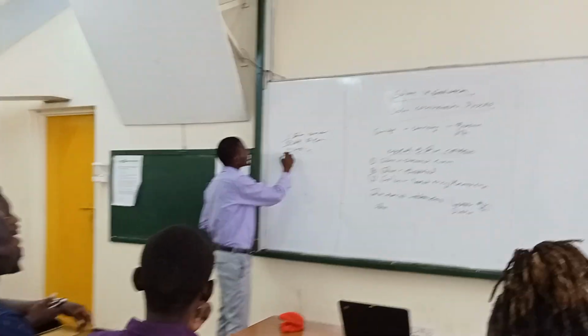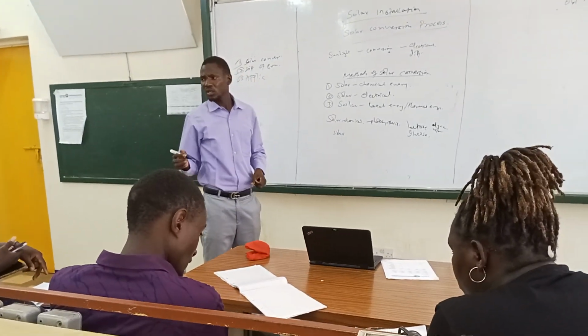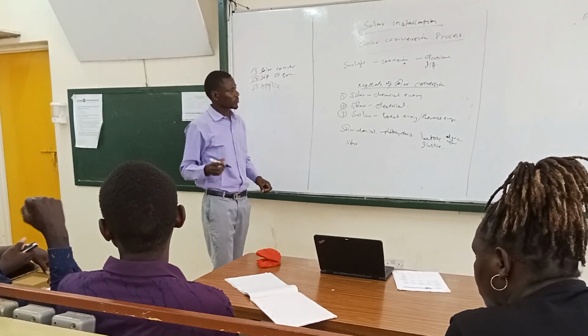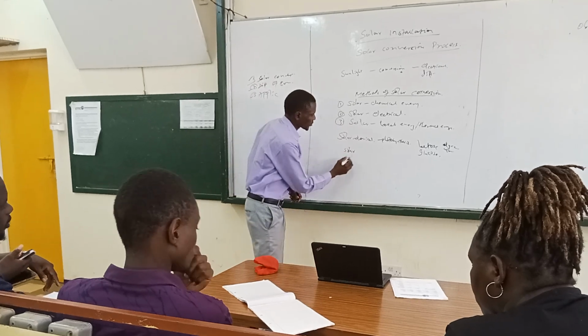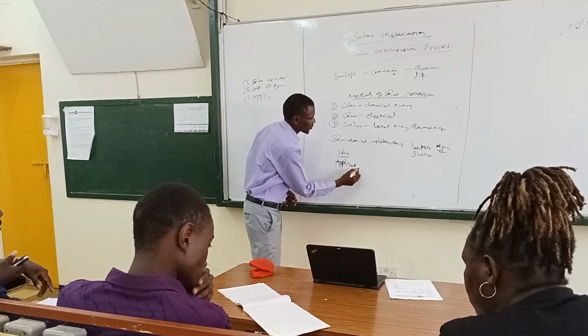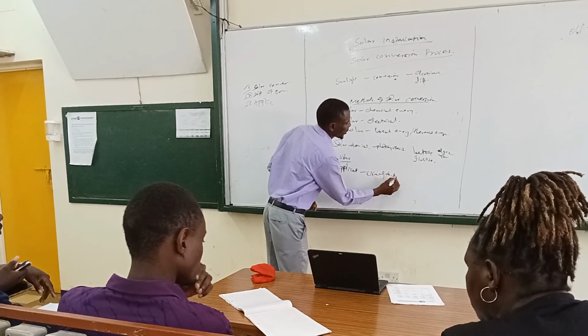Now, what do you think are some of the applications? Yes. Solar to electrical, I can say one of the applications is in factories. It's used in factories. Another person?